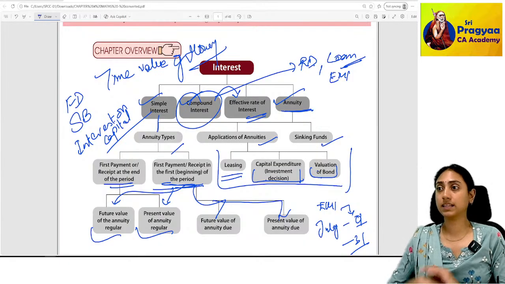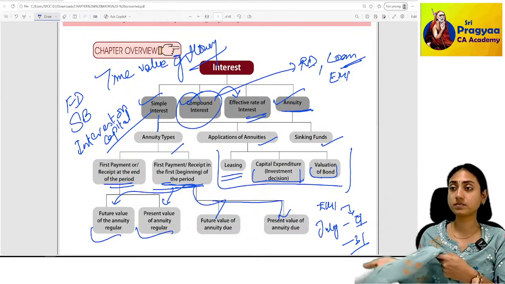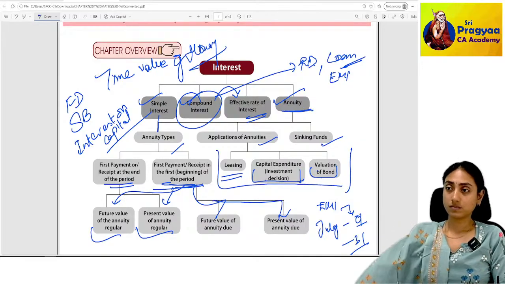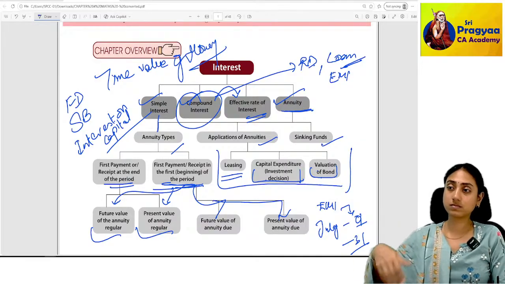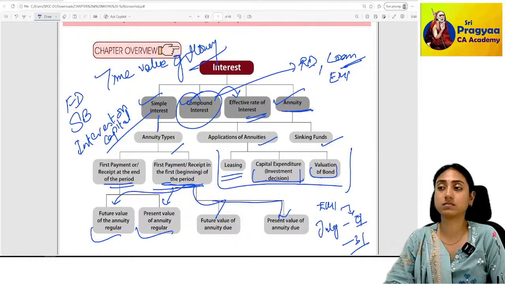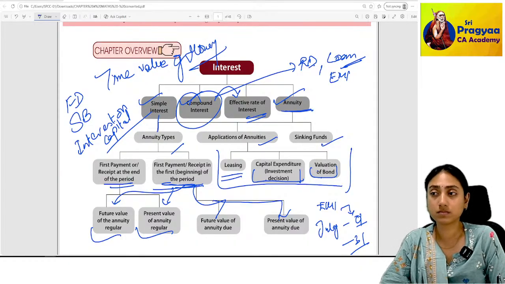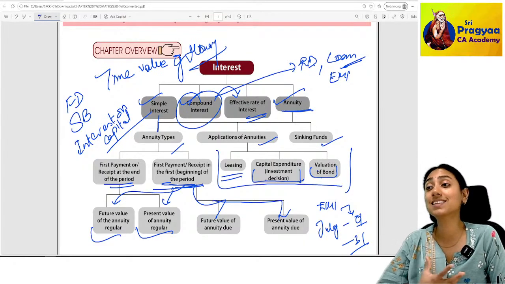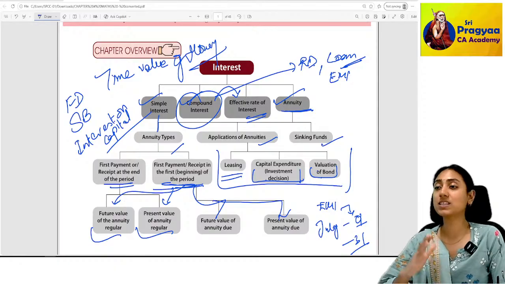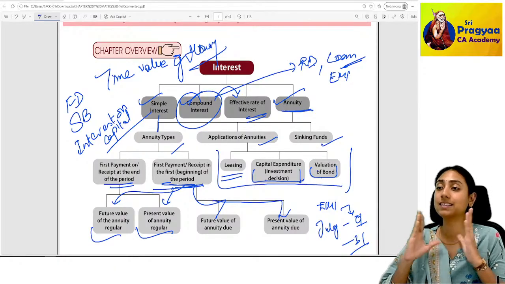Okay, per month க்கு எனக்கு ரெண்ட் இருக்கா? What is the charges? So it is basically calculating time value of money.